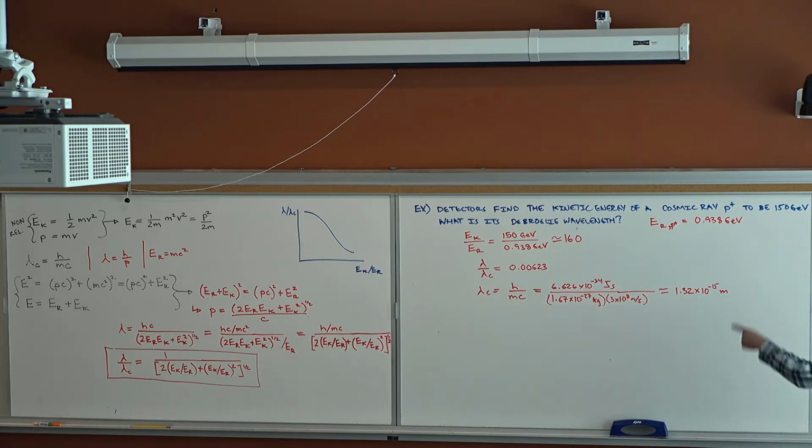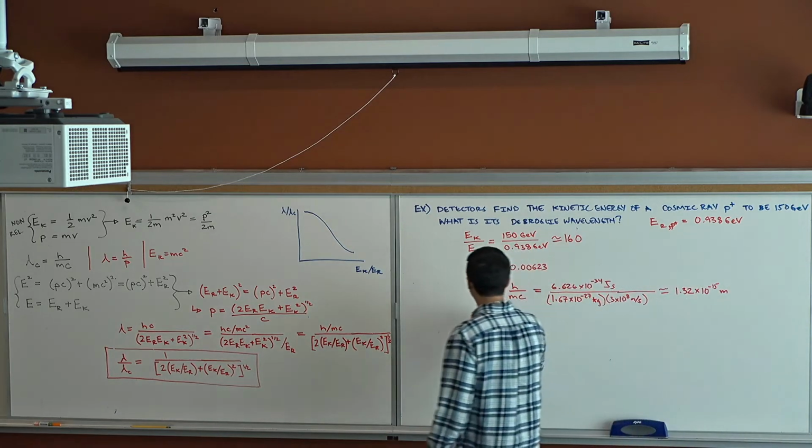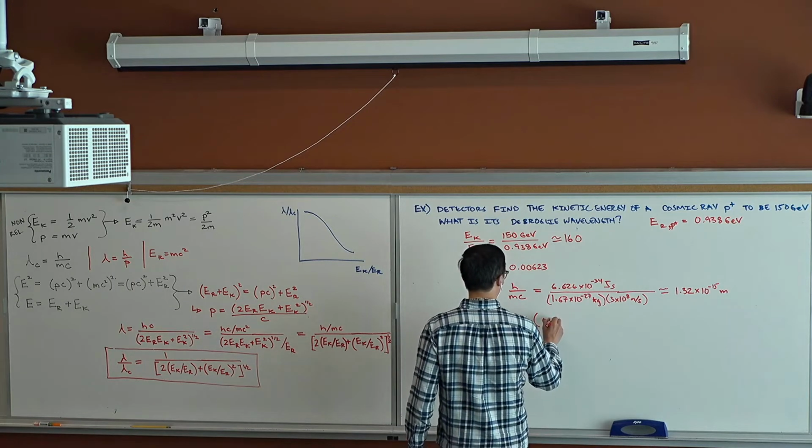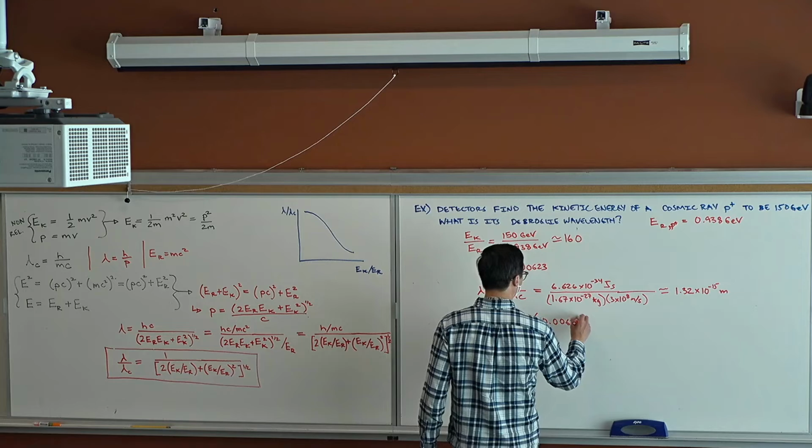And so if we want to know the de Broglie wavelength, lambda should equal lambda c times 0.00623.